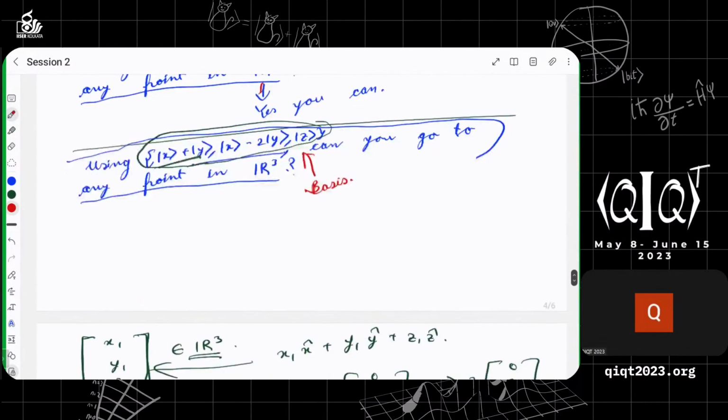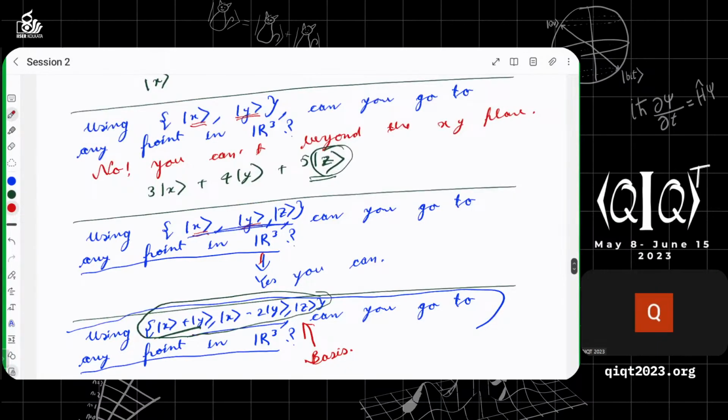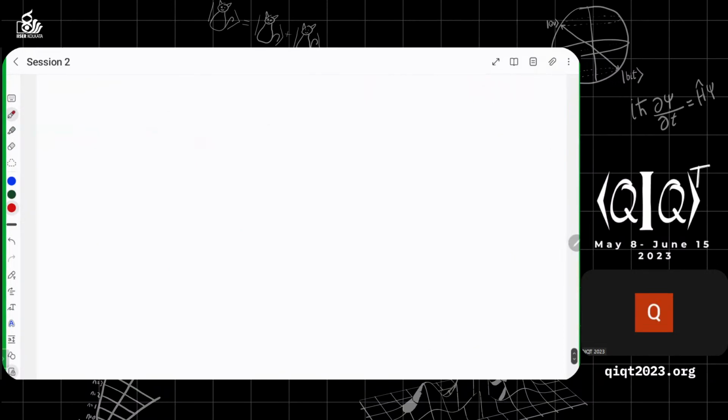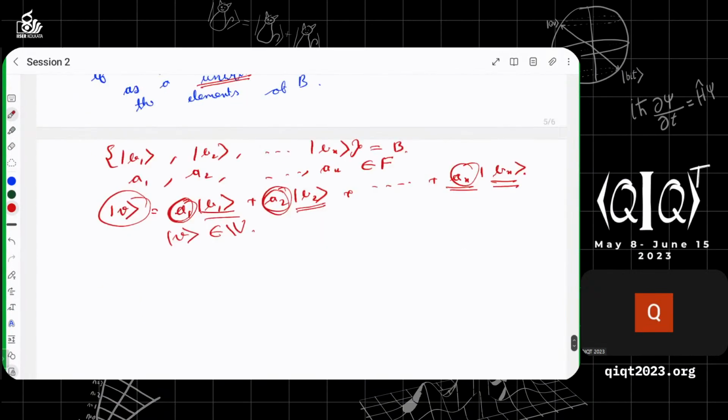So it was a unique representation. And of course, this is also a basis because, again, unique representation, and you can go to every point. Using this, you can't go to every point really. So this is not a basis. That's what a basis set or basis is.